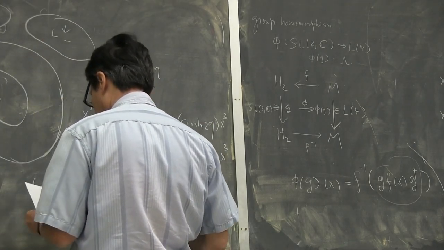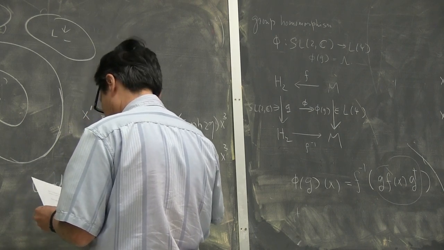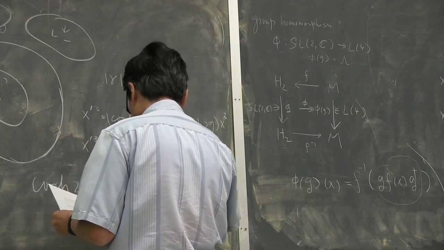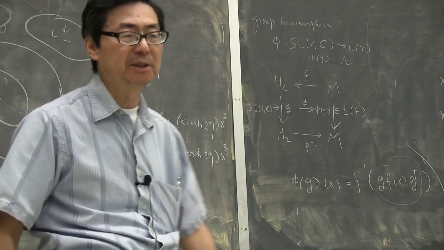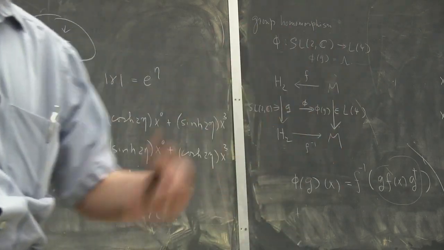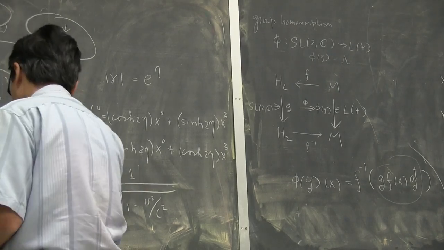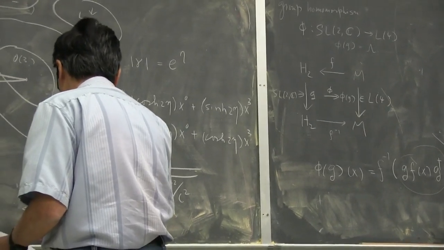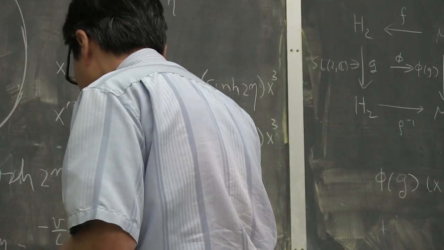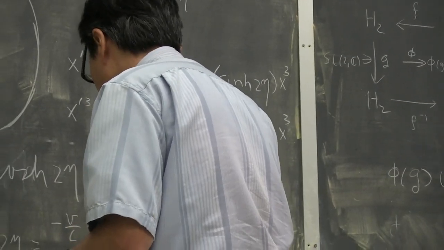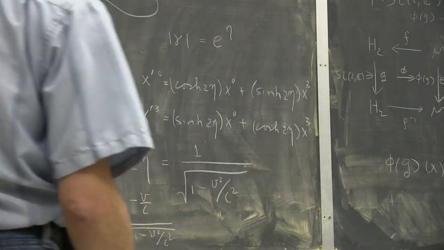And so I'm going to define cosh 2 theta to be equal to 1 over 1 minus v square over c square. But v is supposed to be less than or equal to c. And now we bring it into contact with physics, okay? And so if cosh is equal to this, then the sinh must be equal to minus v over c divided by 1 minus v square over c square, like that.